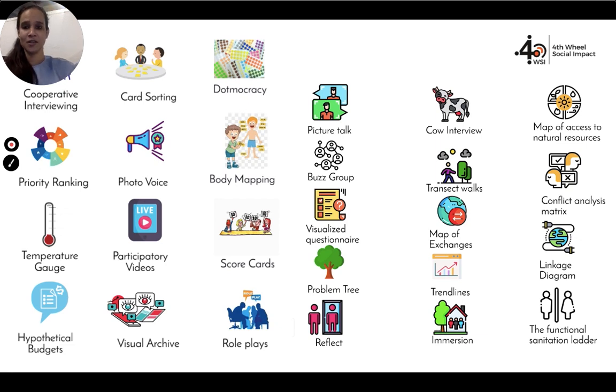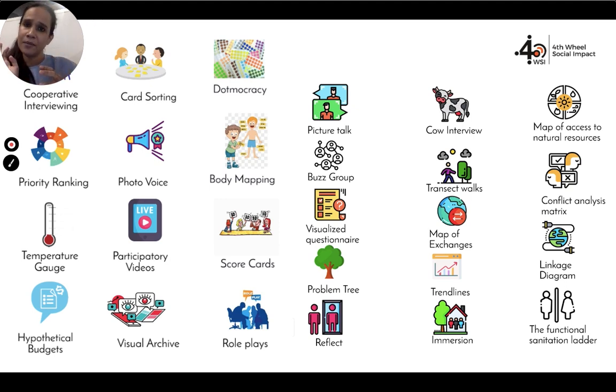There's also a tool called problem tree, where if we're trying to solve the problem of poor learning outcomes, then you're getting different stakeholders together to actually identify the problem and then work upwards to finding solutions to this. Some of these tools can be used for program design.